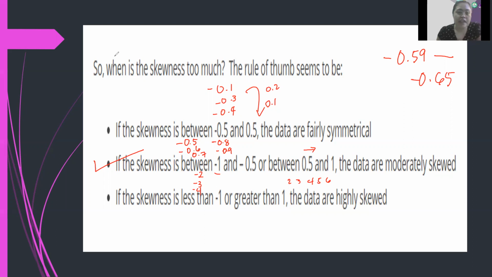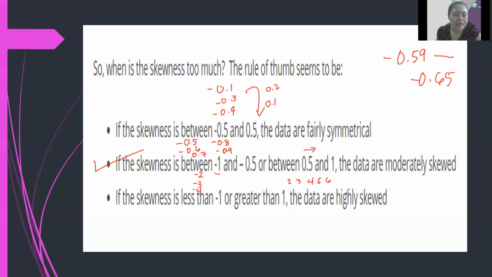Diba meron siyang slight difference. So ganun din yan siya sa skewness. Iba lang yung formula na gamit ni JASP, but nevertheless, when we interpret the result, we will still get the same interpretation. When we did the manual computation, that's negative 0.59, and that is interpreted as moderately skewed. If you use JASP, that's negative 0.77, and that is still interpreted as moderately skewed. So okay lang. No problem.